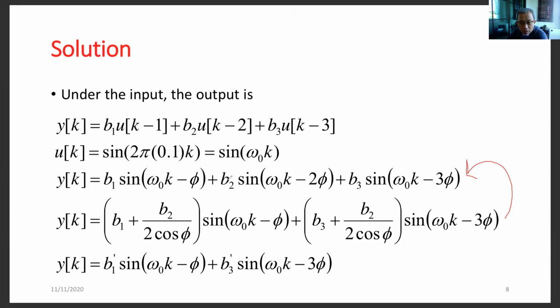The issue now is the simplification. We have 3 terms here. We simplify it to 2 terms, which is this one and this one, more simplified. Then we simplify it again by b1 prime sin(omega naught k minus psi), and b3 prime sin(omega naught k minus 3 psi).